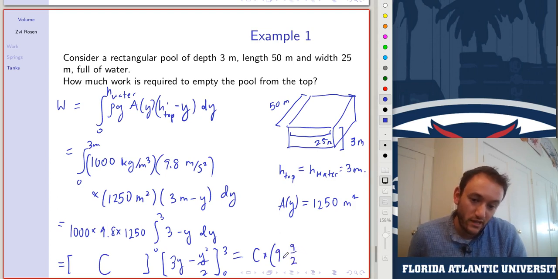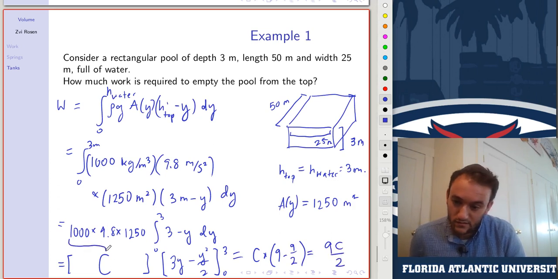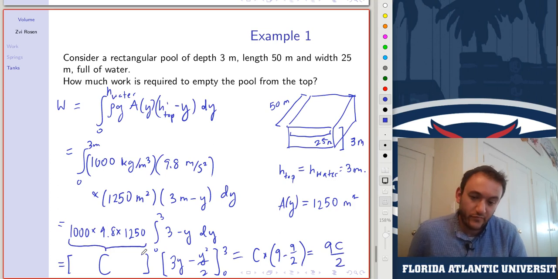The 0 term vanishes, so this is 9 halves, and we get 9c over 2, where this is c. And that will be our work for emptying this rectangular pool.